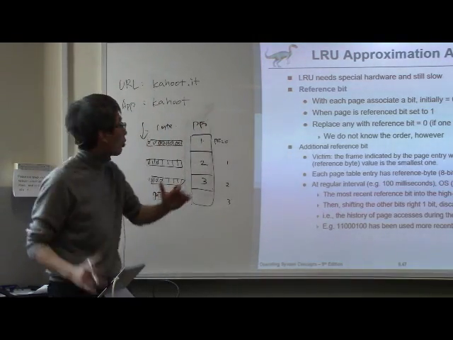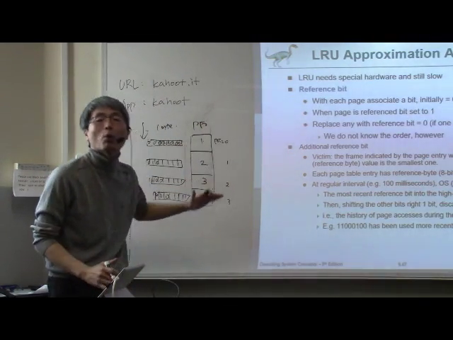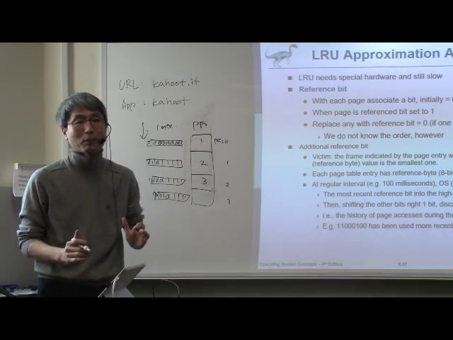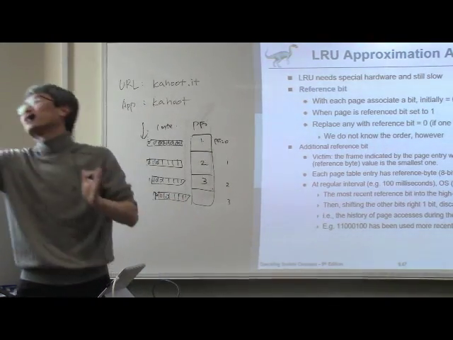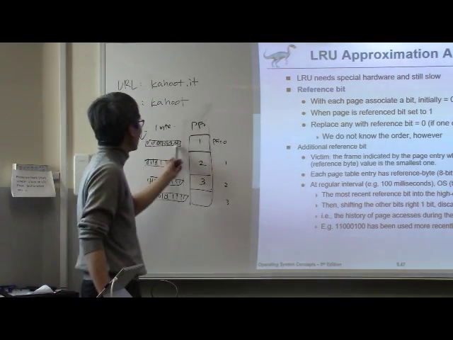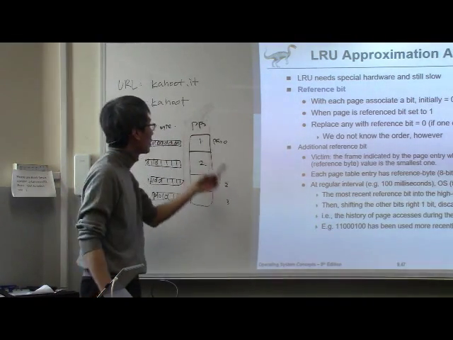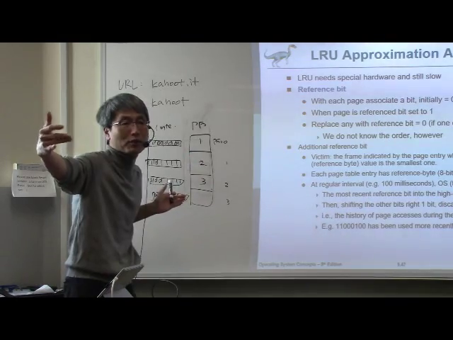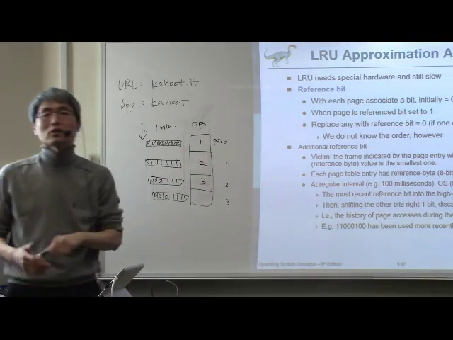It's physical. However, we need to keep track of all the page frames, but not the entire history, only a limited history. That is using the reference bit. Still, you need 8 bits or sometimes 16 bits, depending on the size of the history per page frame.